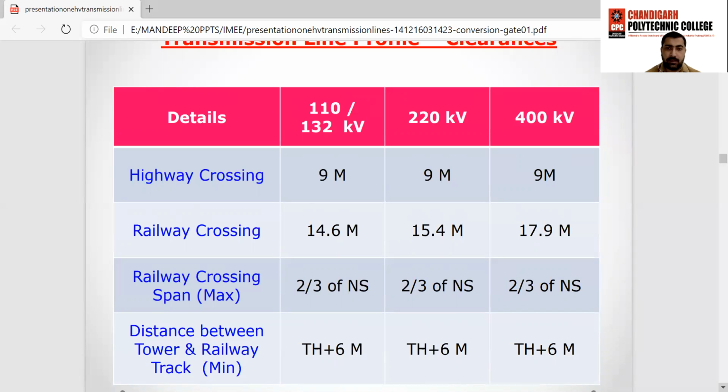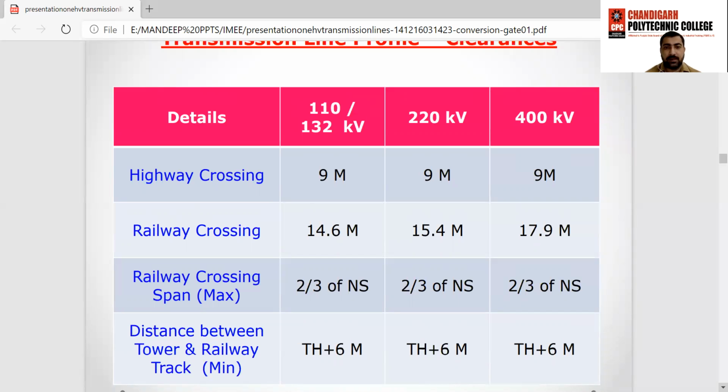For 220 kV line, highway clearance required is 9 meter, and for 400 kV lines, it is also 9 meter from highway crossings. For railway crossings, 110 kV and 132 kV lines, minimum clearance required is 14.6 meter.